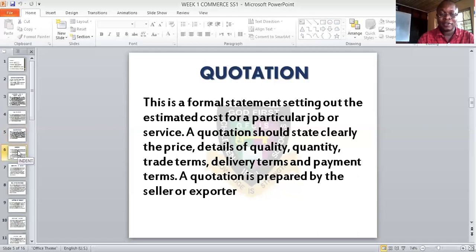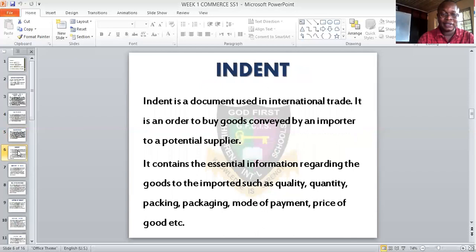Then we also have indents. The indent is a document used in international trade, to ask whether the seller has that type of goods.